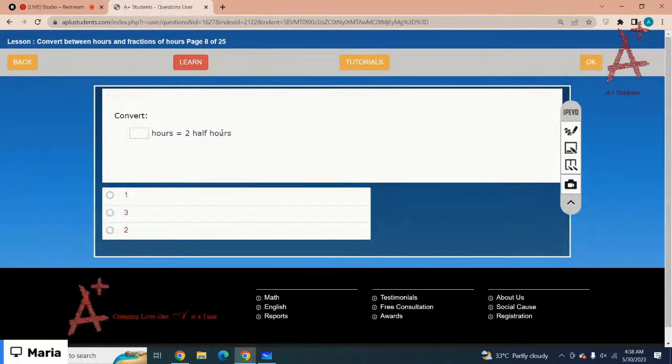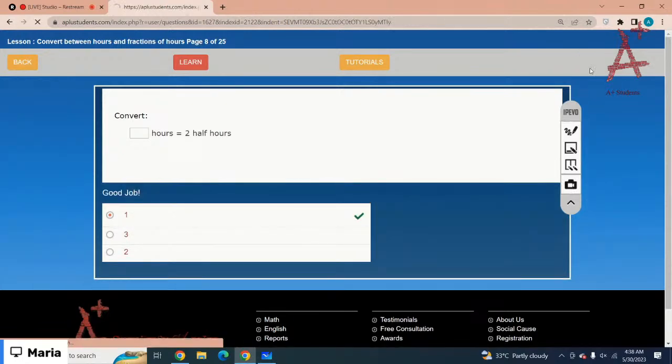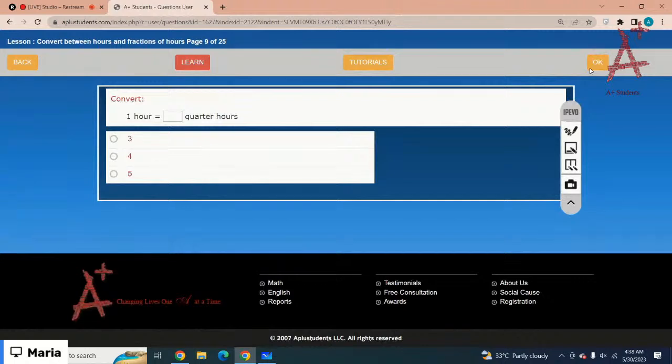How many hours are equal to half hours? 2 half hours equal 1 hour. Got it? One hour equals how many quarter hours? 1 hour equals 4 quarter hours.